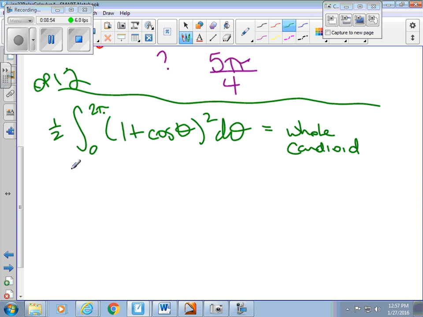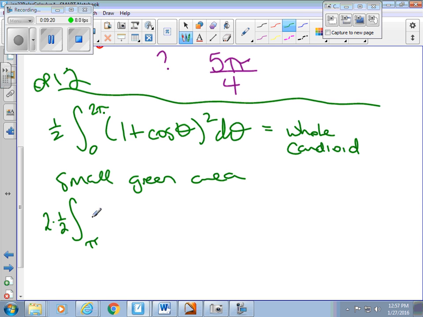So the small green area would be the integral of the cardioid. So 2 times 1/2, because I'm just doing it from pi over 3 to pi.